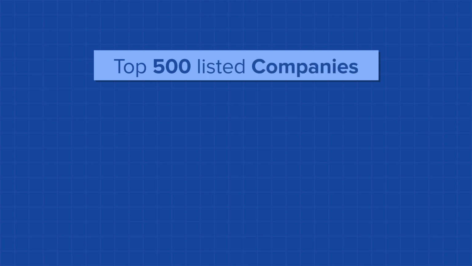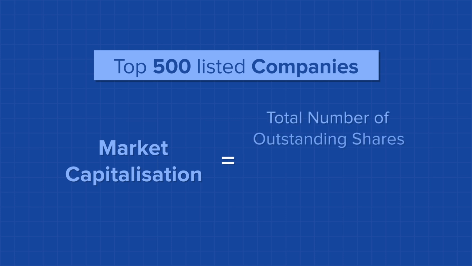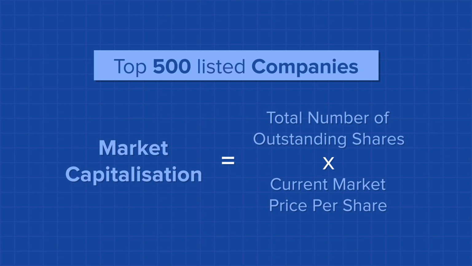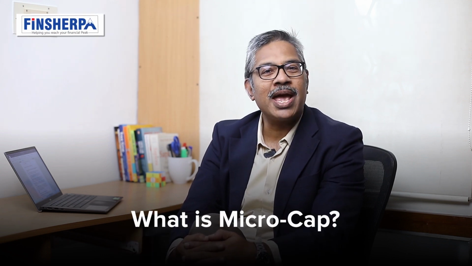We all know this. So the top 500 listed companies by market capitalization, which is nothing but the number of shares times the price at which it's trading in the market, are divided among large, mid and small cap. Now, therefore, what is microcaps?